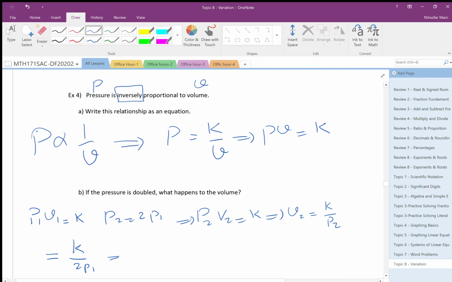What is K over P1? K over P1 is V1. So V2 is V1 divided by 2. Pressure is doubled, V is cut in half.